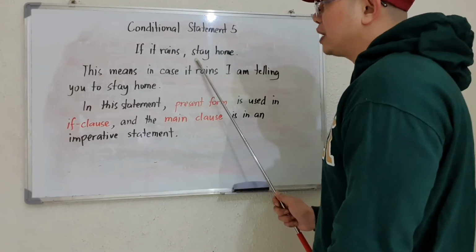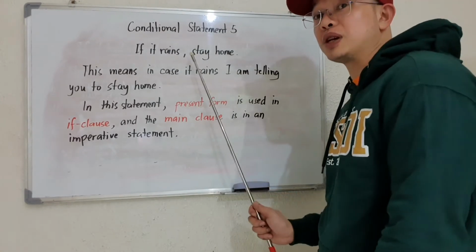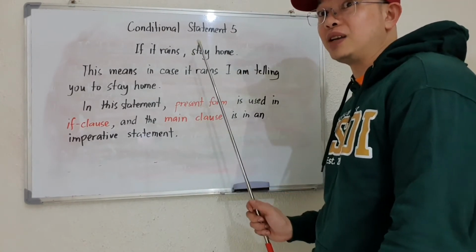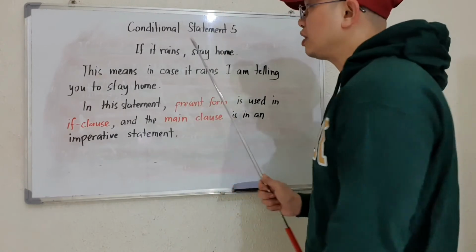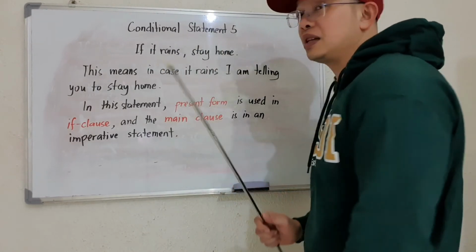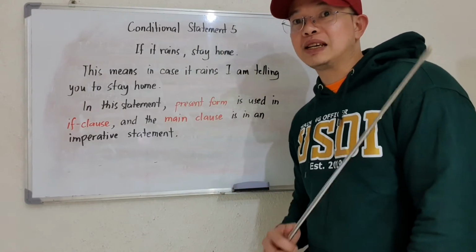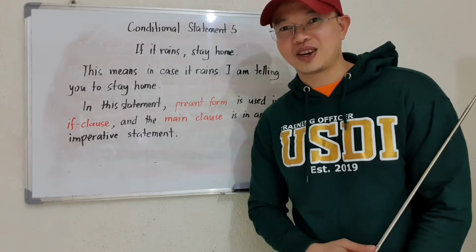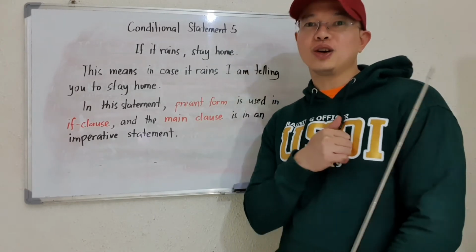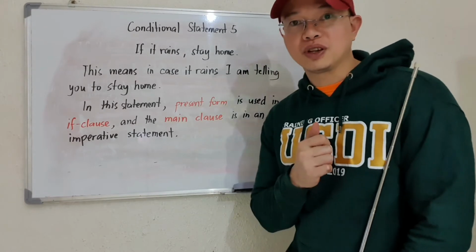And by the way, there's no subject here because the subject is implied, which is you. So automatically your verb is in the base form, the present base form. All right, so that's all for the types of conditional statements.